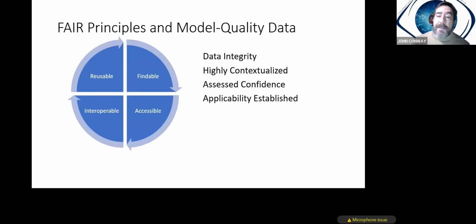It's not just about the data, it's about the data and the processes. What we're trying to achieve is model quality data. You want high data integrity, you want it to be highly contextualized, you want it to be assessed with confidence, and you want it to be applicable so that you know exactly how and when you're going to use it.